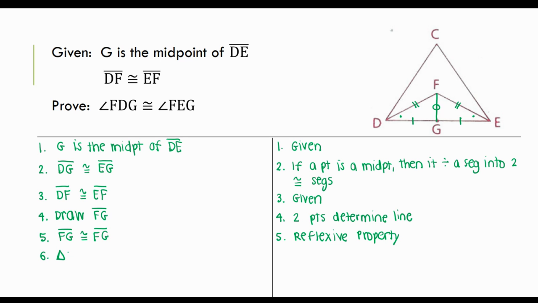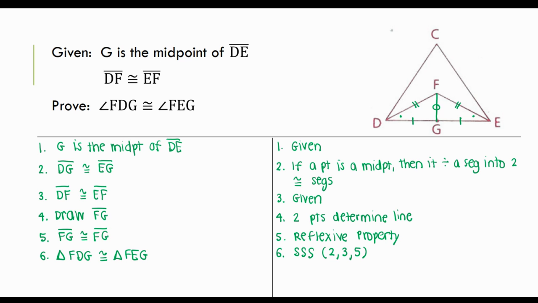So I can say that the triangle FDG is congruent to the triangle FEG. And if we look at the markings, that's because of side, side, side. So where was my first set of congruent segments? Well, that was step number 2. Second set of congruent segments, step 3. Last set of congruent segments, step number 5.